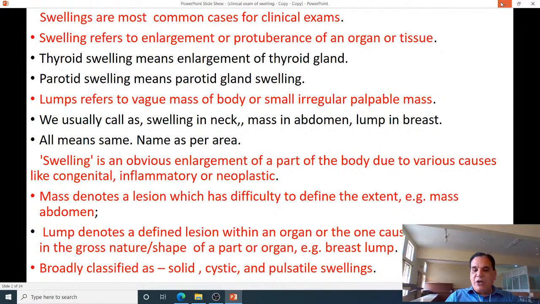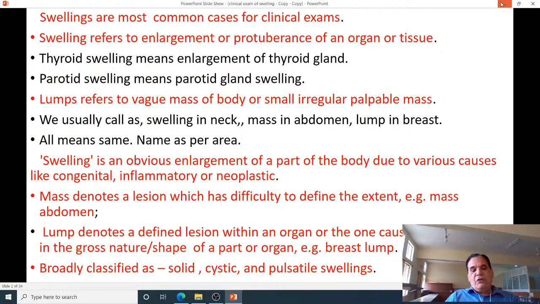You can give an idea, but not clear-cut. Whereas a lump is a defined lesion in an organ which causes gross shape disturbances. Size can be specifically denoted or measured. So a lump in the breast, where the measurements are accurate, to the point. In a mass, the measurement is vague. This is a general difference. It is only an English language difference and convenience.